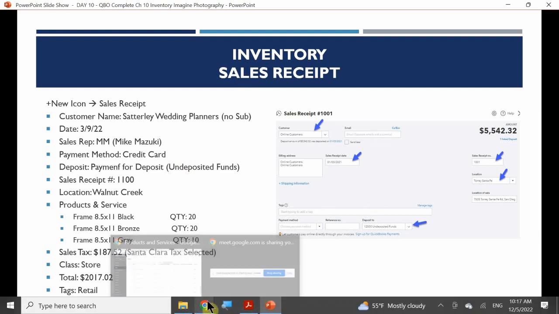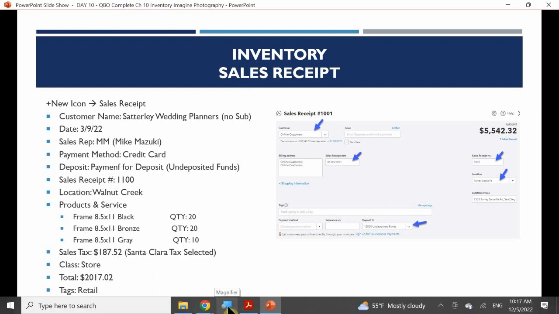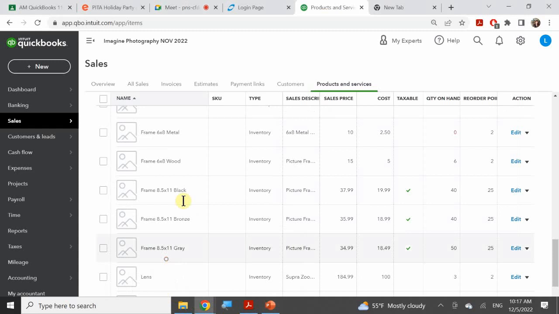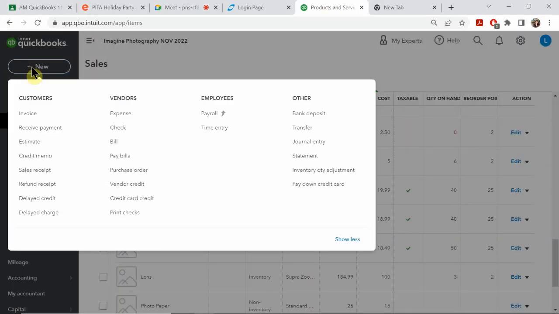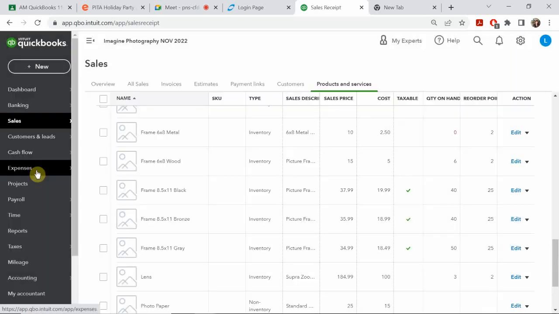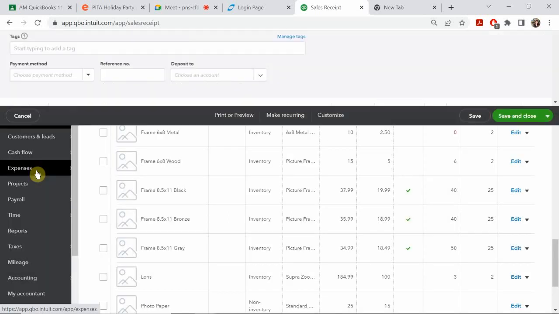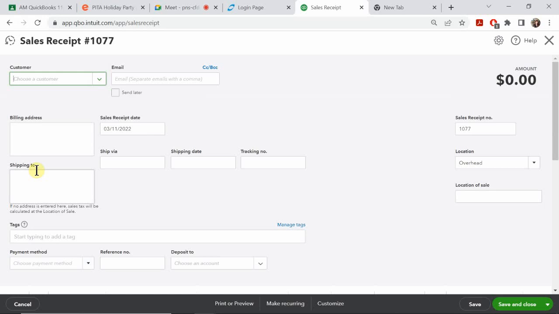So March 9, to Satterley Wedding Planners. Once again, I'm going to go to my plus new icon here, and we're going to click on sales receipt, right? Because what this person is doing is they're paying at time of purchase, at time of sale.